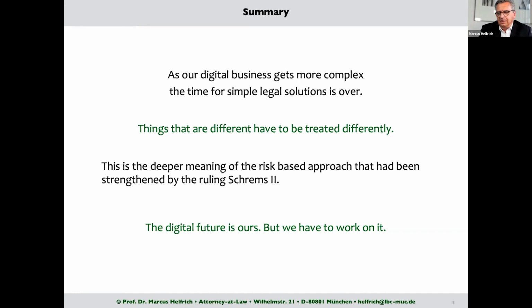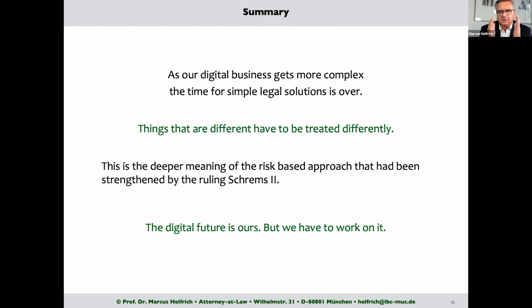But to be serious, most of our information is not of high interest for national security. So if Amazon sells a book, that's normally not of high interest. Something different if I do research in chemical production or whatever, that might be different. So we have to identify ourselves what we are doing and what is the character of our work.